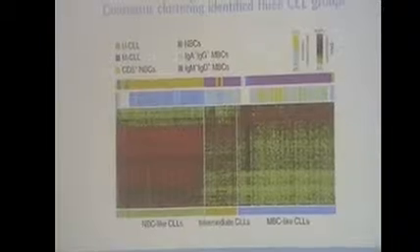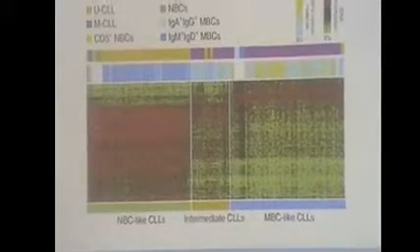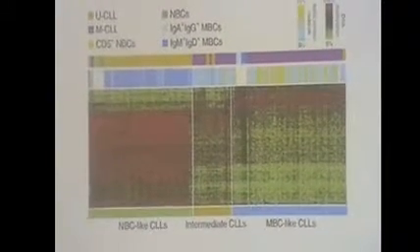What was very interesting then is when we did a consensus clustering of the methylation profiles, we identified 3 CLL groups. So classically, we know that there are these 2 molecular subtypes, UCLL, MCLL, separated from each other. But when we did this unsupervised clustering, we had an intermediate group.